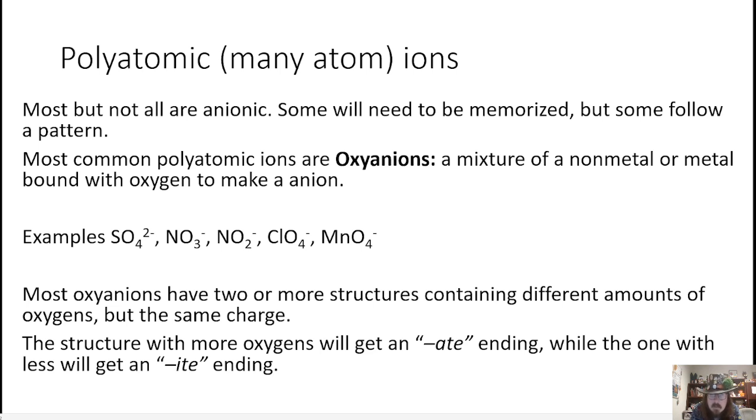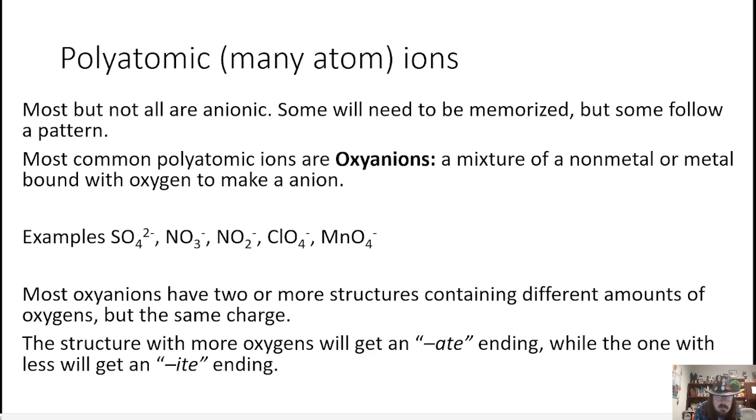Basically, the metal or nonmetal in the center adopts a cation-like charge, and the oxygens adopt the -2 charge, and we bind enough oxygens to them to give the overall structure an anionic charge. Just as SO3, sulfur trioxide, was a neutral binary covalent compound, SO4 becomes sulfate, and it's now an anion rather than a neutral covalent compound.